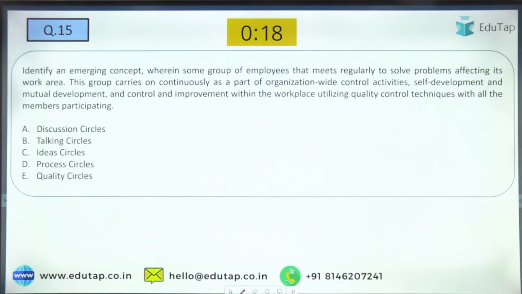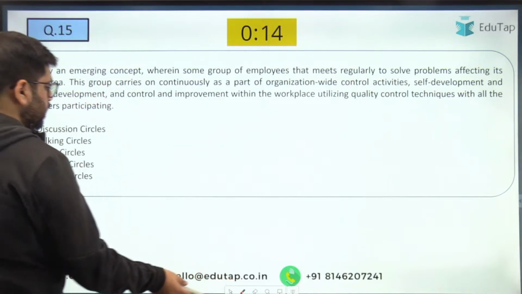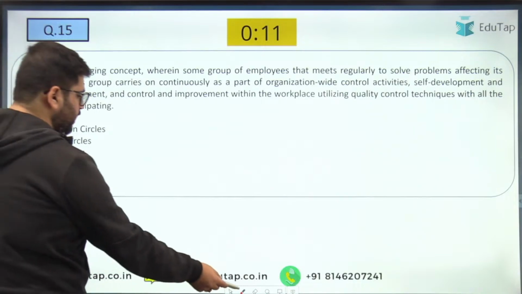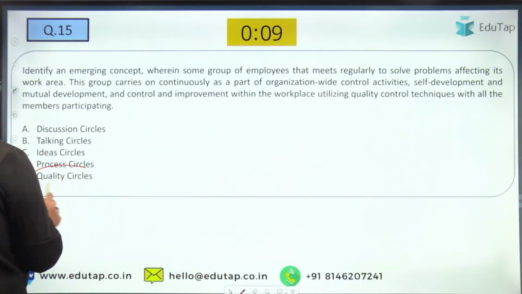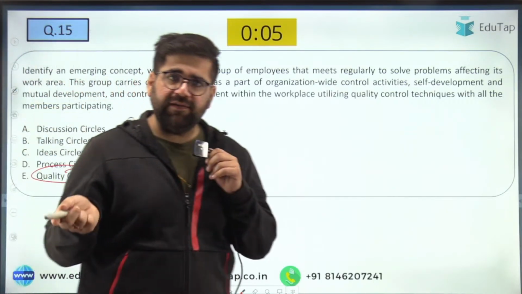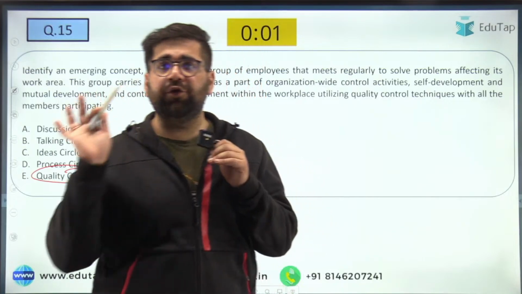Quality circles, decision circles, talking circles, idea circle, or proceeding. See, the concept over here is of QC. The concept over here is of quality circle. Because under quality circle, what happens is people from different departments come and meet and try to solve one particular problem.